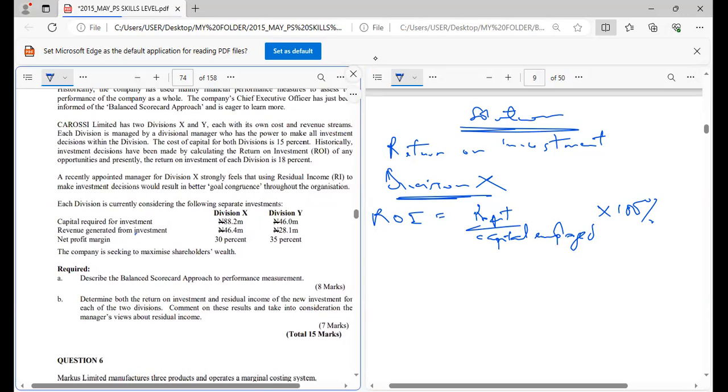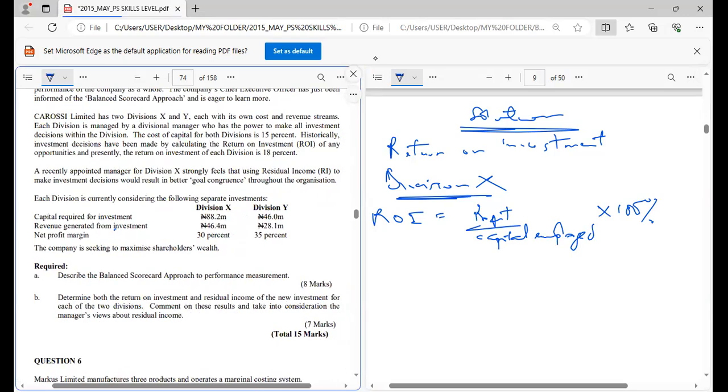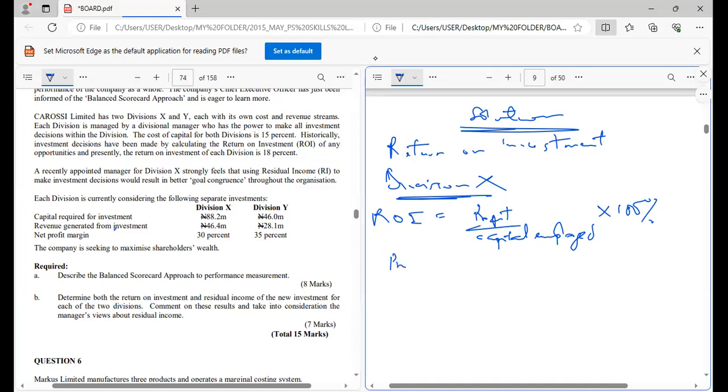You have a net profit margin of 30%. So profit will be my net profit margin multiplied by my revenue, because profit margin is on revenue.